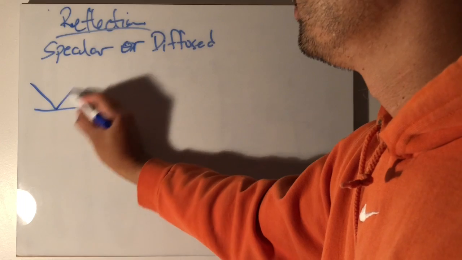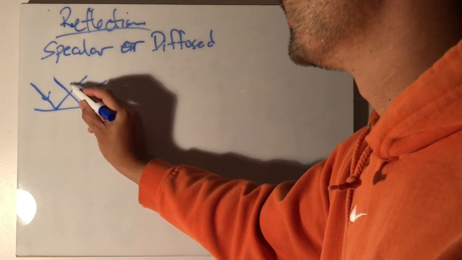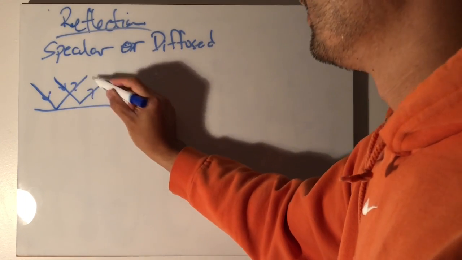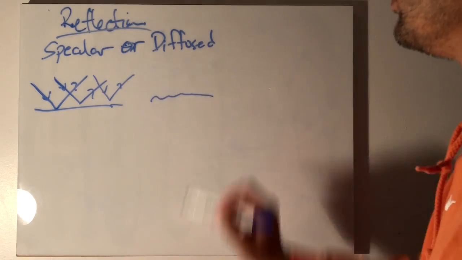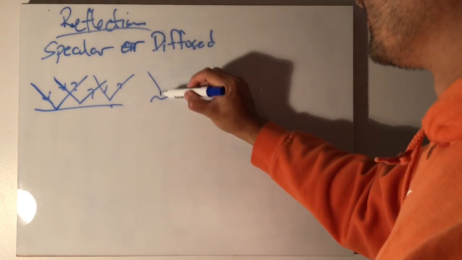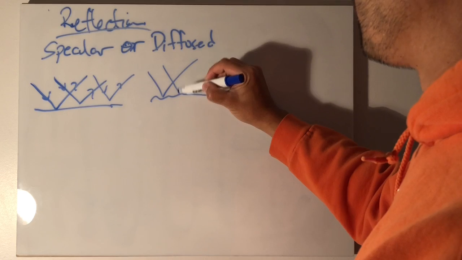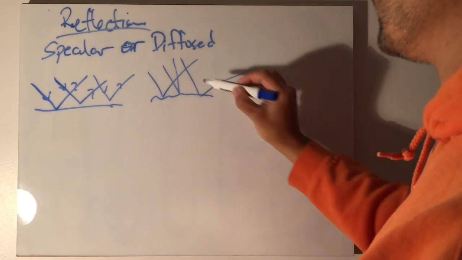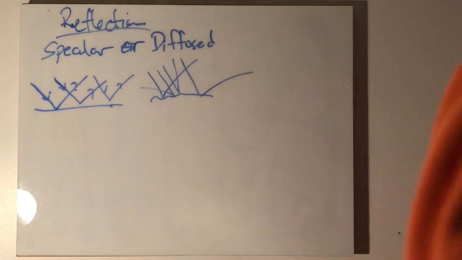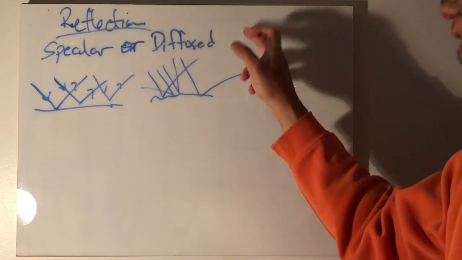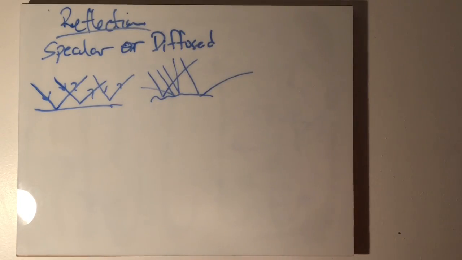The light comes in, bounces up, comes in, bounces up, right? And then think of diffuse as a broken mirror. Light comes in, this one might bounce this way, this one might bounce this way, and this one might bounce this way, this one might bounce backwards. So you do not get a regular reflection. That's called diffuse. If you get specular reflection, it's a flat, perfect surface.